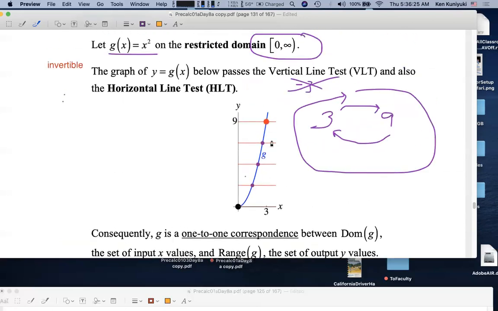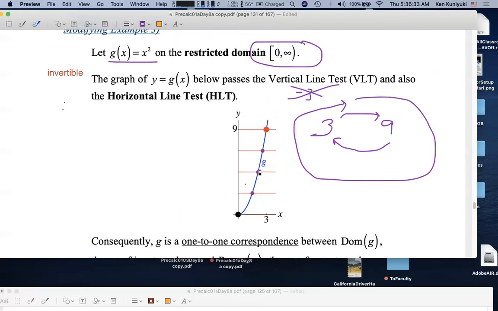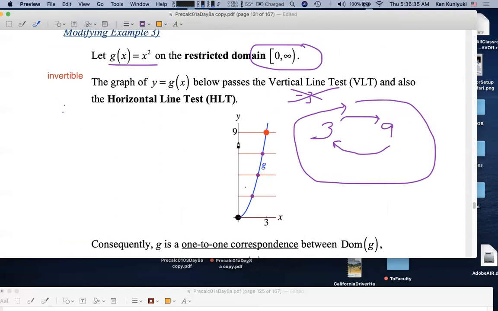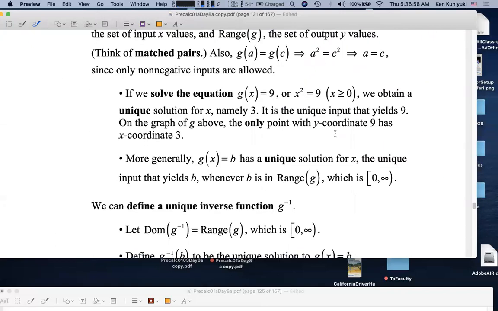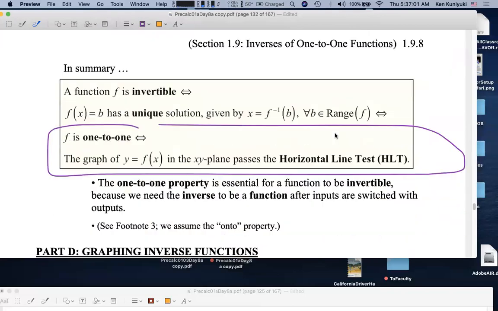Remember, this restricted graph on the restricted domain passes not just the VLT, but also the HLT. And again, because it's a one-to-one function now, it has an inverse. Namely, g inverse of x is going to be the square root of x. g inverse is the square root function. The square of 3 is 9. Now, the principal square root of 9 is 3, only positive 3. The inverse is a function. Next, how do we graph inverse functions?